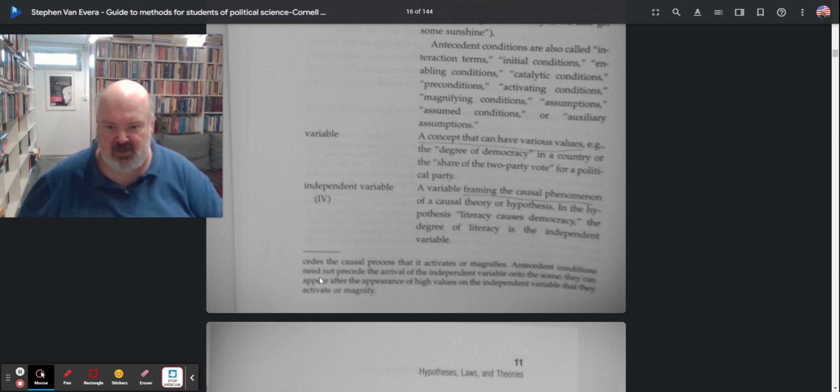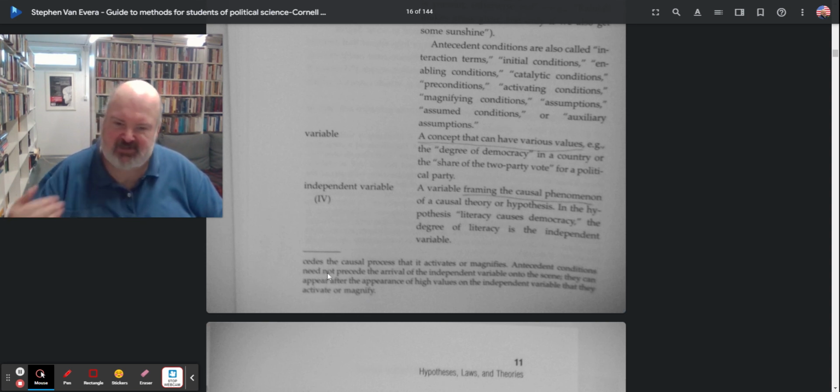Antecedent conditions need not precede the arrival of the independent variable onto the scene. They can appear after the appearance of high values on an independent variable that they activate or magnify.